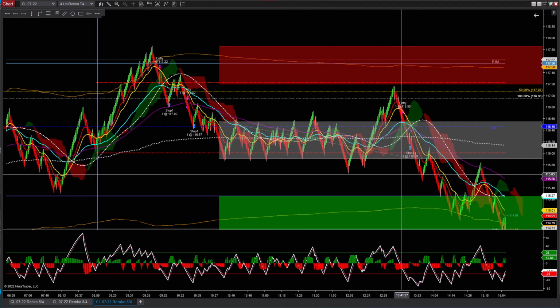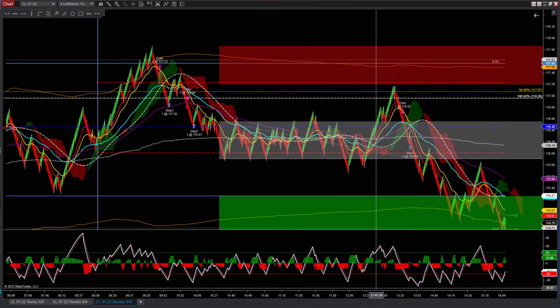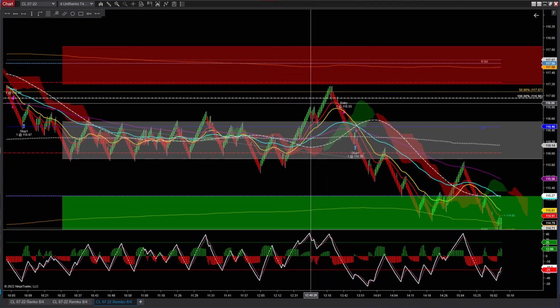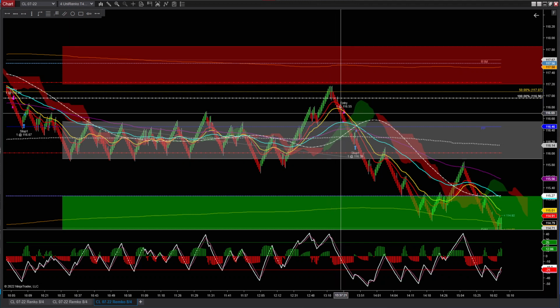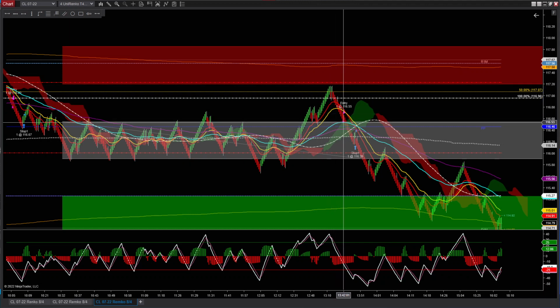So what happened here is that the market moved to the red area once again, and now I'm looking for capturing the breakout of this channel.